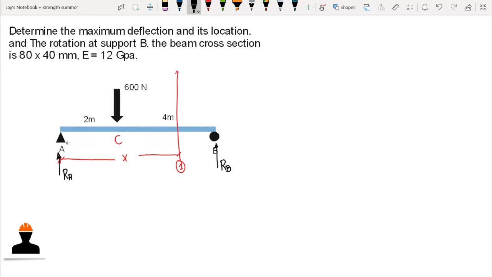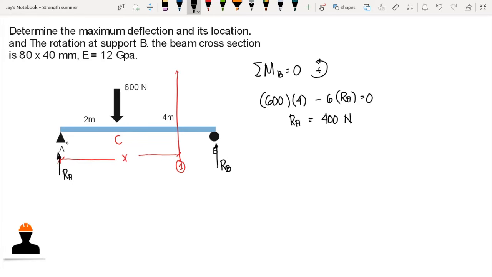We can compute RA and RB by first summing up moments with respect to B equals 0. Counterclockwise positive, we have 600 Newton times the moment arm from B, which is 4, minus RA times the moment arm from B, which is 6, equals 0. So RA is equal to 400 Newton.